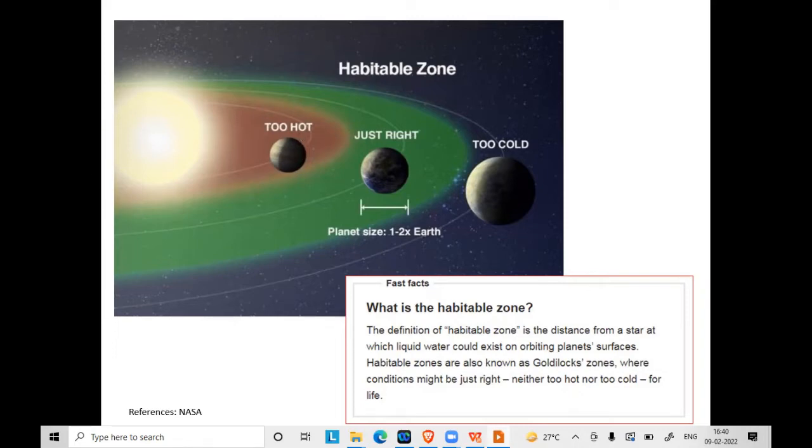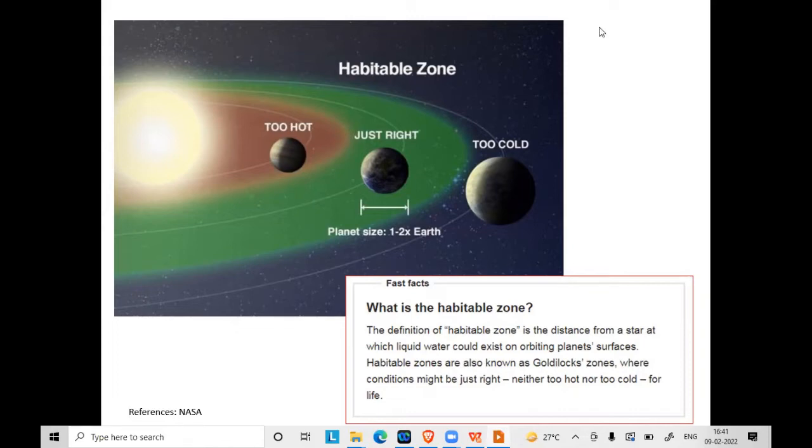The life which has evolved on Earth wouldn't have evolved if Earth were very close to the sun, or too far away from the sun. So any planet which has to harbor life should be at such a distance which actually favors life on that planet. That is called the habitable zone.